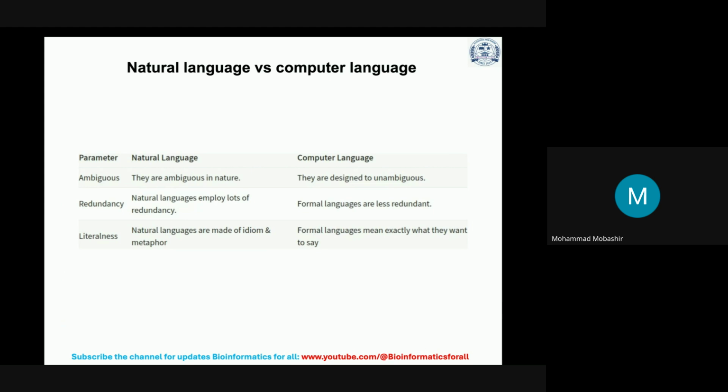Computer languages are designed to be unambiguous. Natural languages employ lots of redundancy, while computer languages, formal languages, are less redundant. Natural languages are made of idiom and metaphor. Formal languages mean exactly what they want to say in computer language.